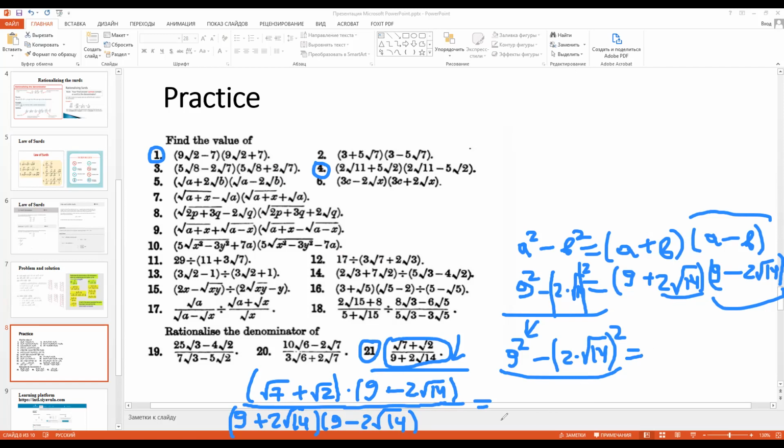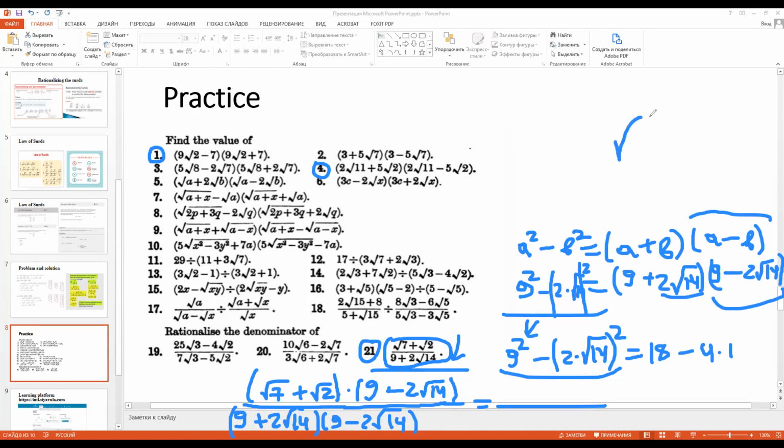If you simplify this, you can find the denominator, right? So 18 minus the square of 2 is 4. The square of the square root is equal to the radicand, you know? You understand why I'm dropping the square root?